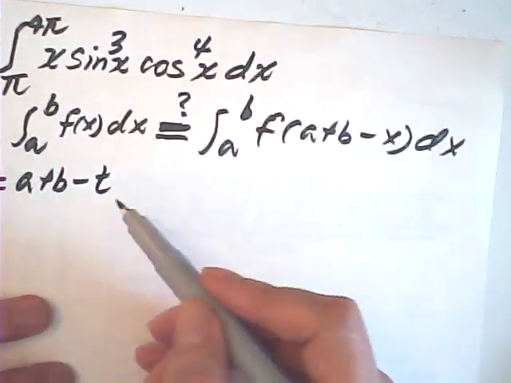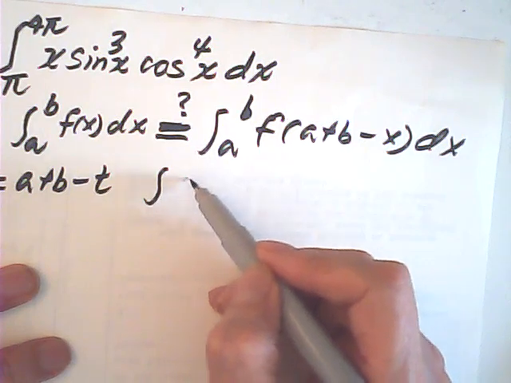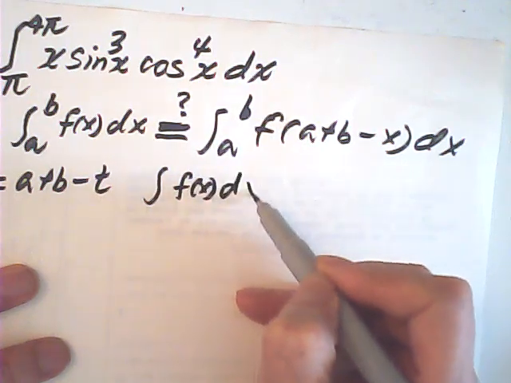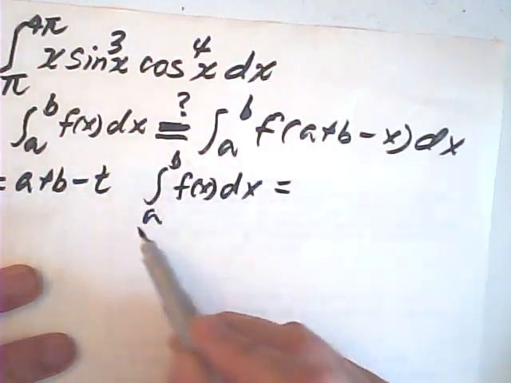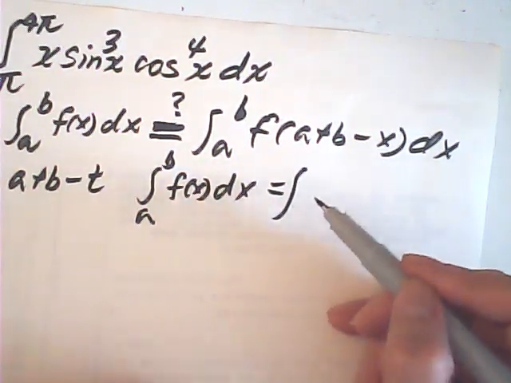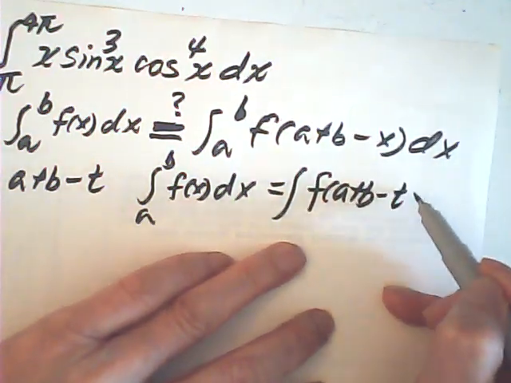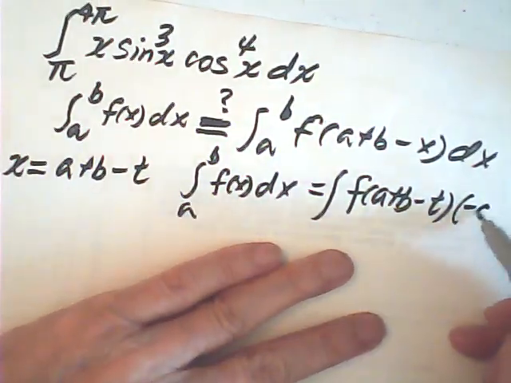Okay, so my integral from a to b will be equal to f of a plus b minus t, right? And dx will be negative dt.